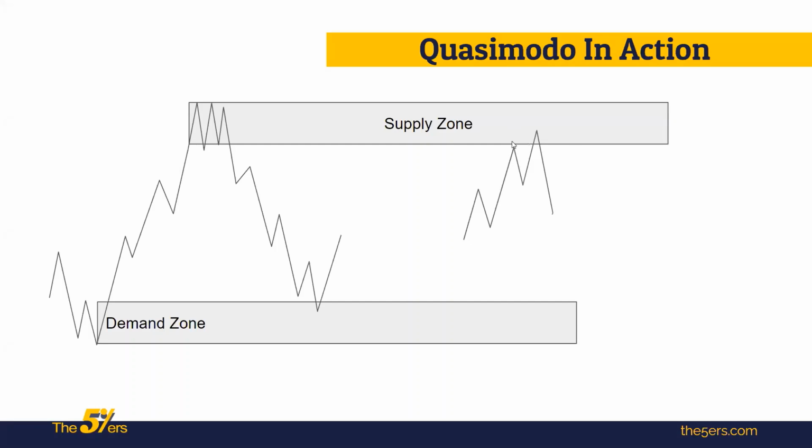Once price returns to the level of the left shoulder of the Quasimodo, our stop will be just above the swing, and from here we can sell for a reversal. If we want to be more conservative, we can leave our stop just above the full zone.